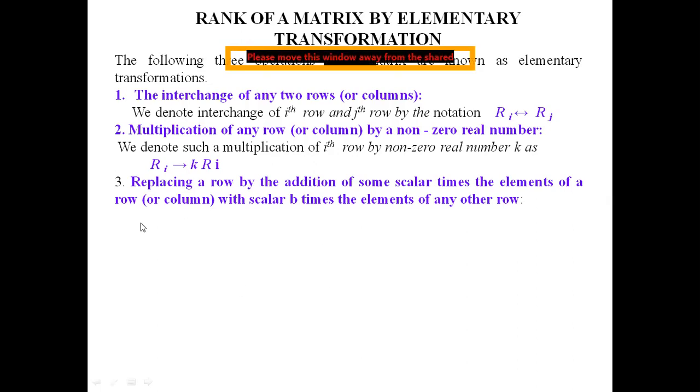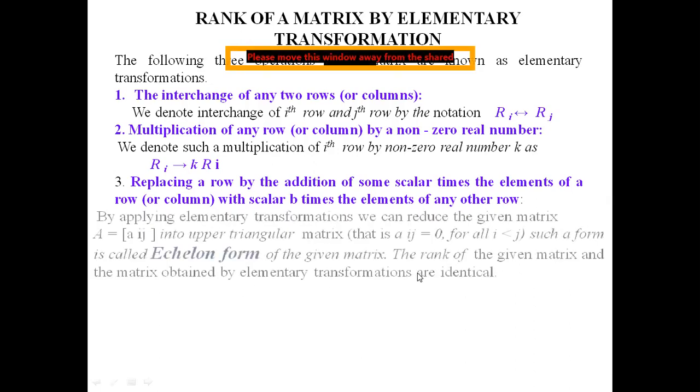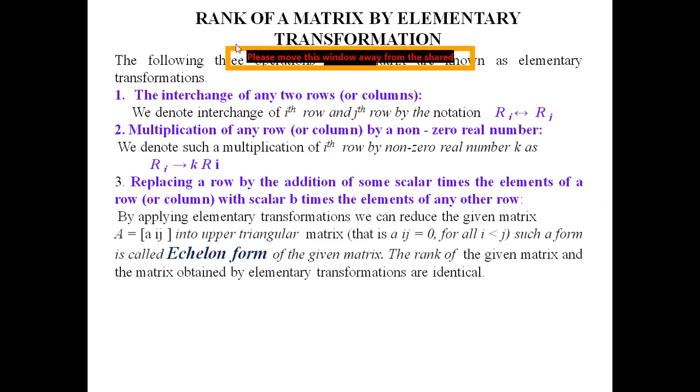So whenever you are asked to find the rank of a matrix, just apply these three operations on the given matrix so that it reduces to upper triangular form. What do you mean by an upper triangular matrix?